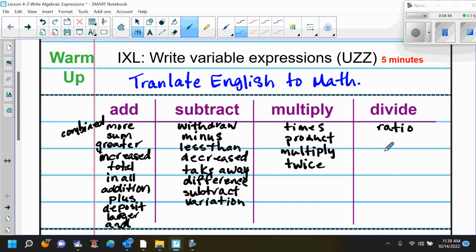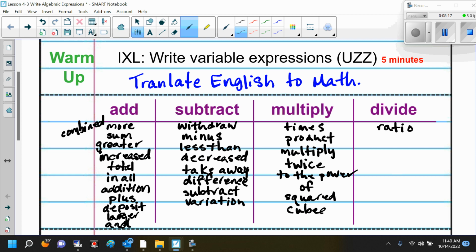Let's see. Of. To the power. I'll just put to the power. What have I always said? What word in math means multiply? Of. Very good. And again, sometimes of just means of, right? Squared and cubed.